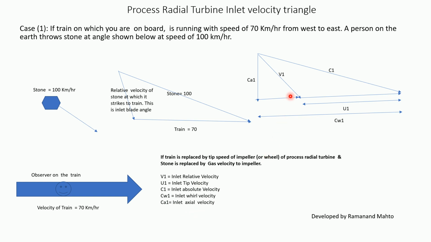So how can this be written? C1 is the absolute velocity, U1 is the inlet tip velocity, V1 is the inlet relative velocity, and C1 has two components. One is the axial component Ca1, and this is the whirl component Cw1.